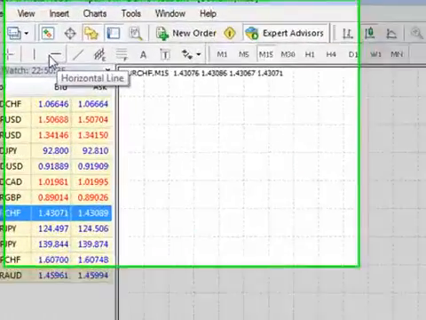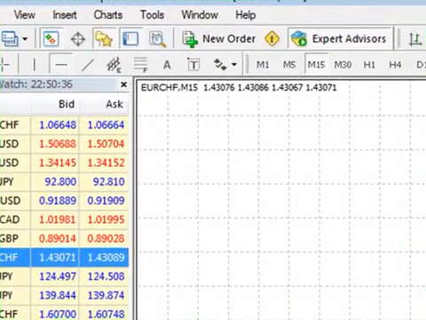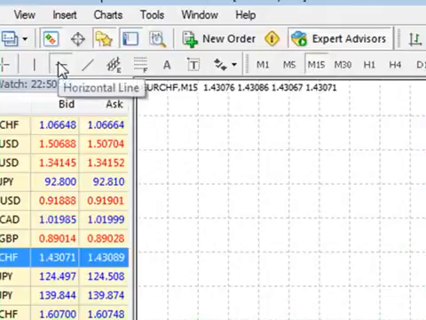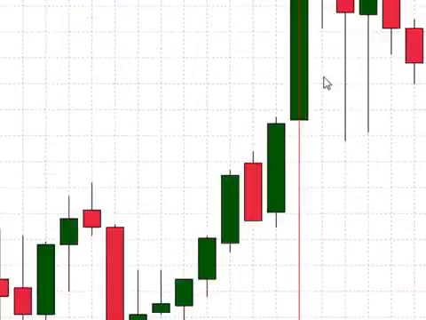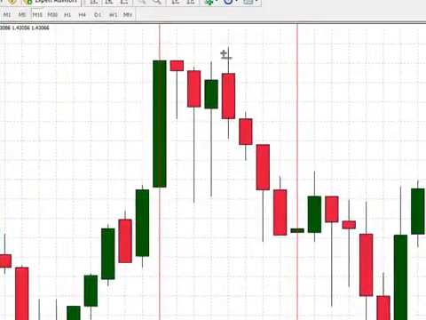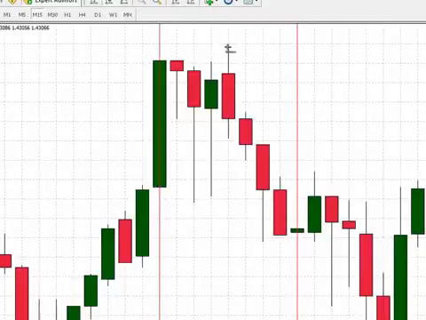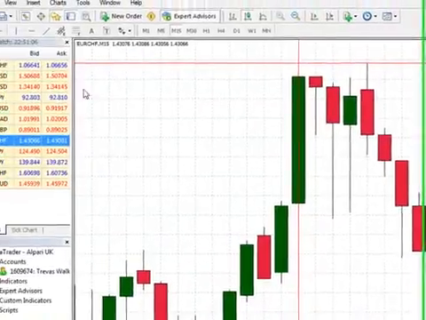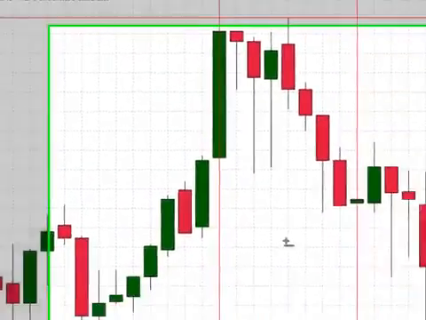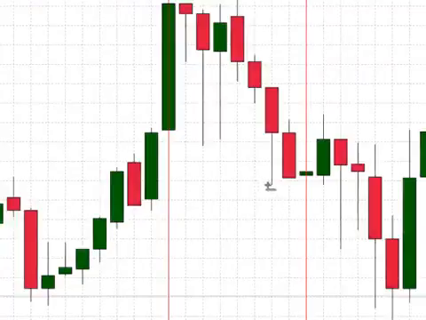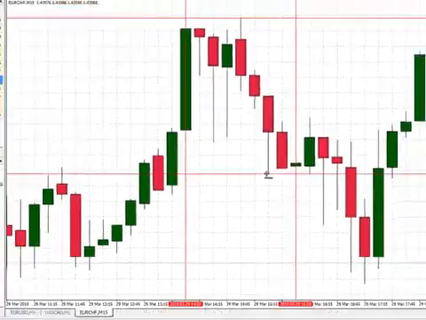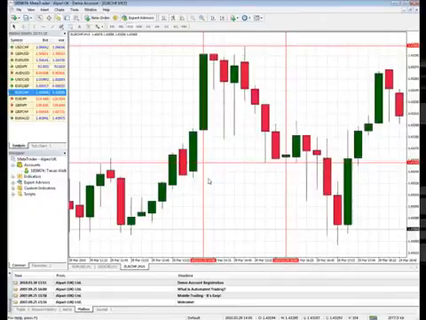And then we need to draw some horizontal lines. To do that, we click the horizontal line button right up top here. And then we take it over here and center the crosshair of the cursor over the top price point in between those 2 time frames, which is this. And then we do it again, drawing a line at the bottom, and the low price point in between these 2 lines was right here. So now we have 4 lines on our chart.